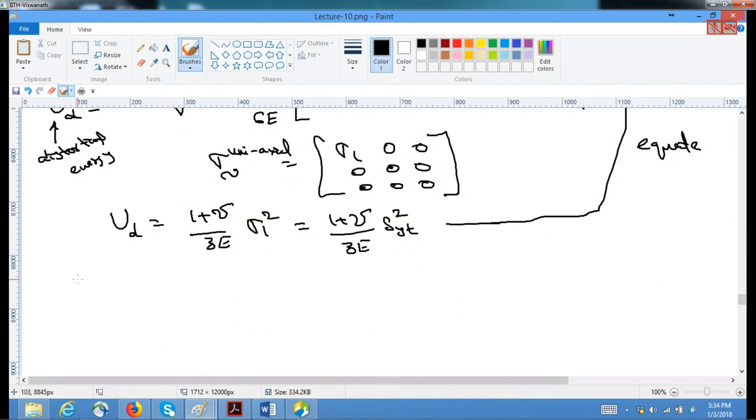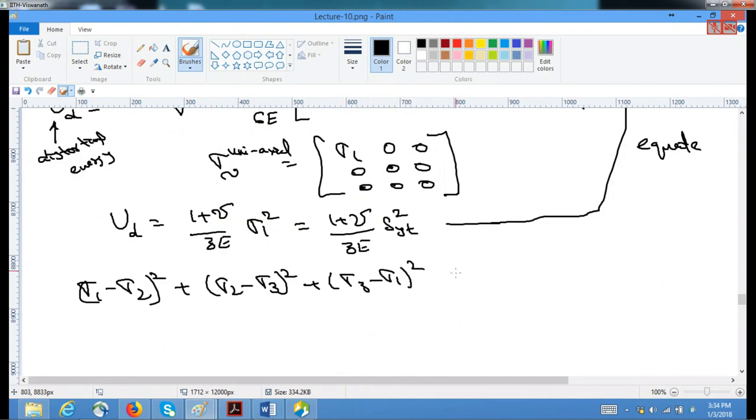On equating, you'll get sigma 1 minus sigma 2 whole square plus sigma 2 minus sigma 3 whole square plus sigma 3 minus sigma 1 whole square has to be less than 2 times SYT whole square. This is for such kind of things.